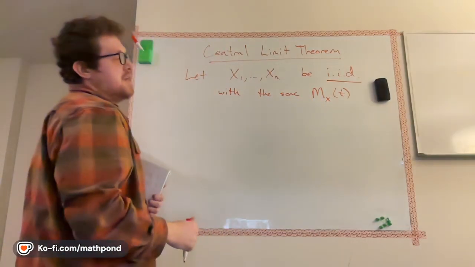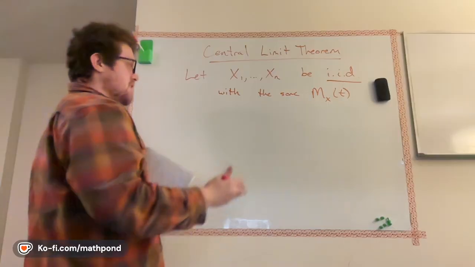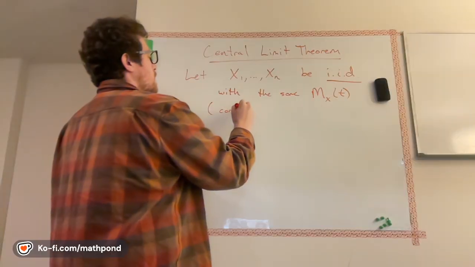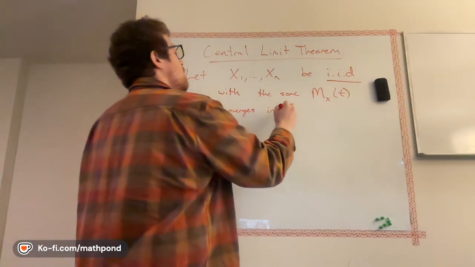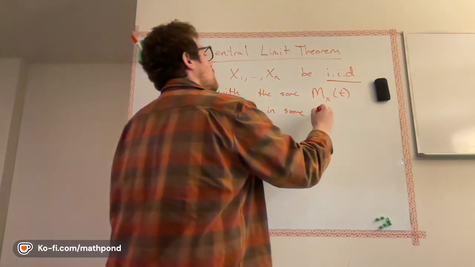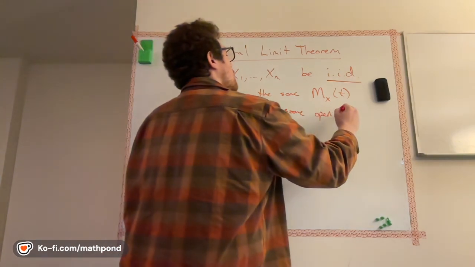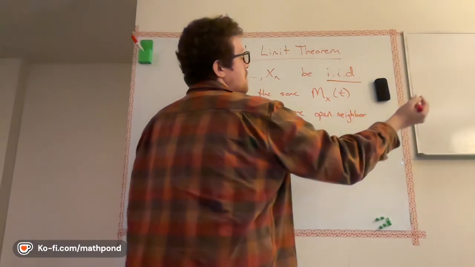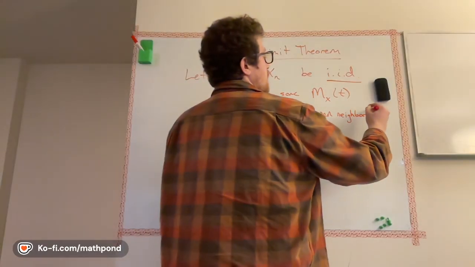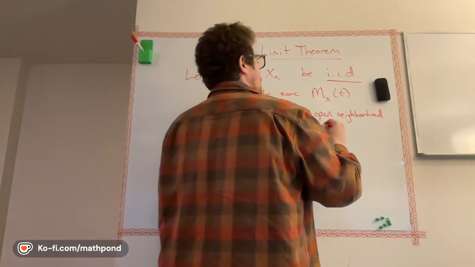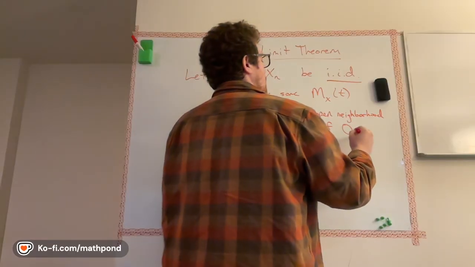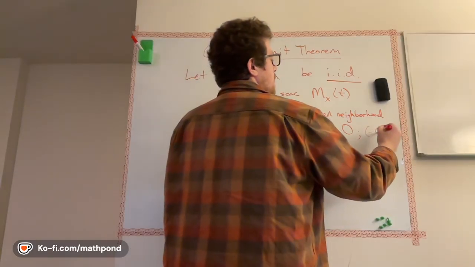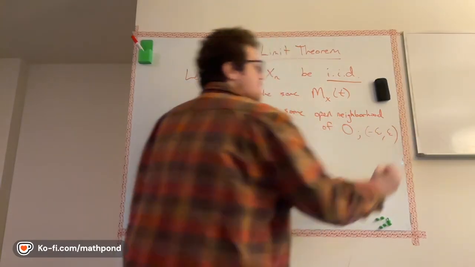Let's assume it converges in some open neighborhood of 0, i.e. from some negative epsilon to positive epsilon. I don't even know if we need this.